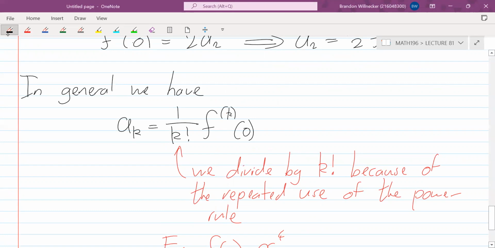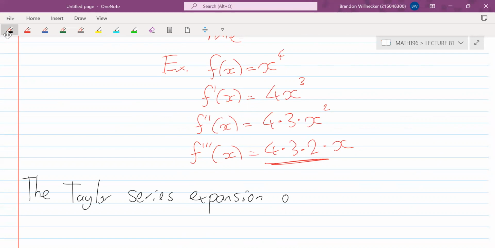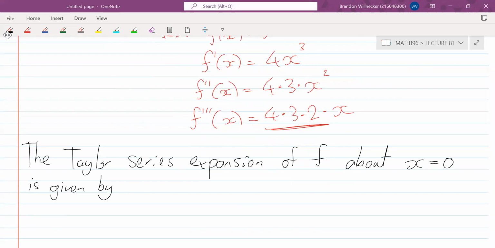So we can put all of this together and finally write out the Taylor series expansion. So the Taylor series expansion of f about x equals 0. So that is the point at which we do the Taylor expansion, is given by, okay, so this is the special case when x equals 0, which is what we've been doing so far.